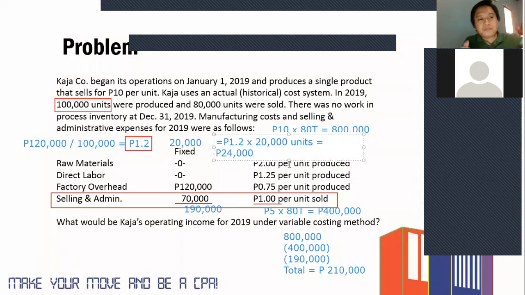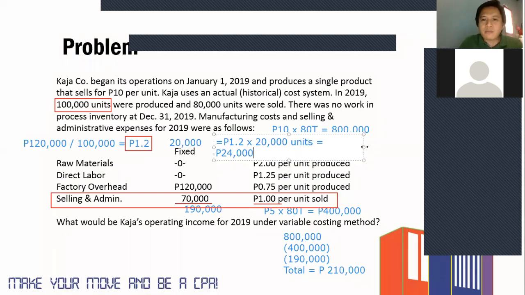Let me check. So 1.2 times 20,000, that's 24,000. So that is the difference of profit.